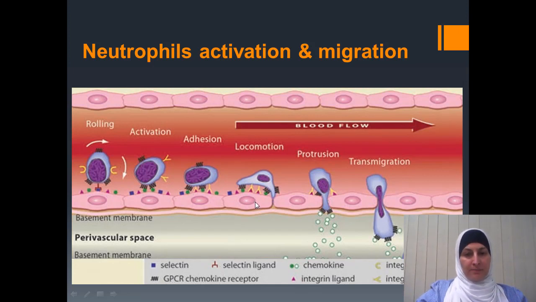Later on, tighter contact would take place when the integrins come in contact with the ligands here, and then the white blood cell would be able to go through these endothelial cells, and it will move to the site of inflammation.